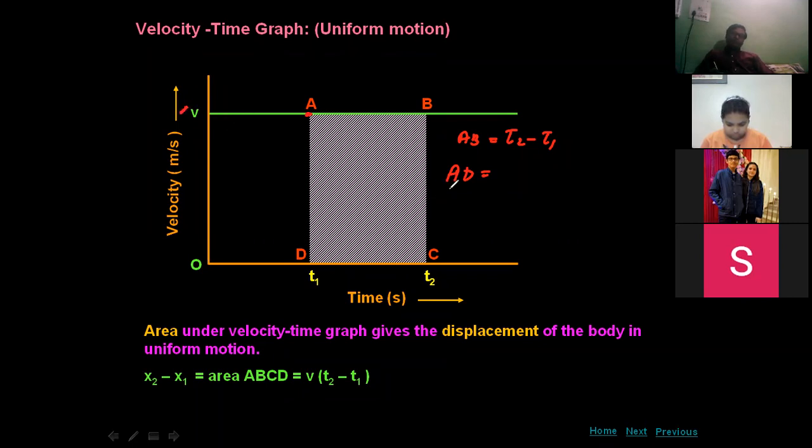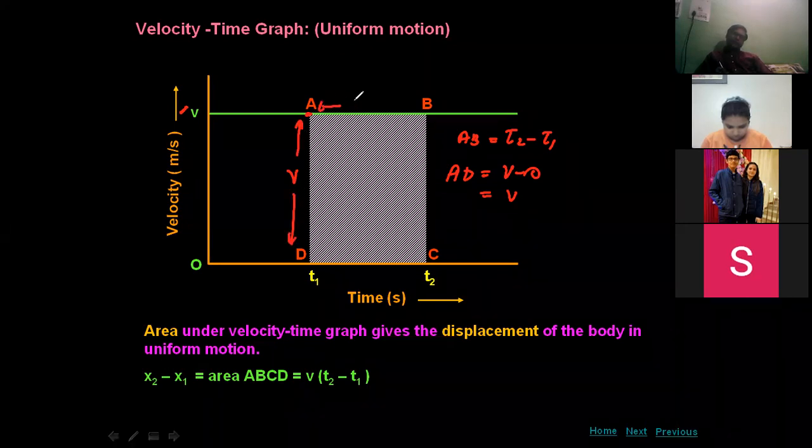At point A, velocity is V, and at point D, the velocity is 0. So V minus 0 is only V. This side is represented by the magnitude of the velocity, and this side is T2 minus T1.